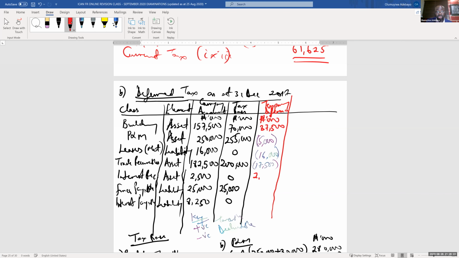How much? 2,500. Okay. For fines and penalty, no difference. And for interest payable, the liability carrying amount is greater. That is another deductible, of how much? 8,250.